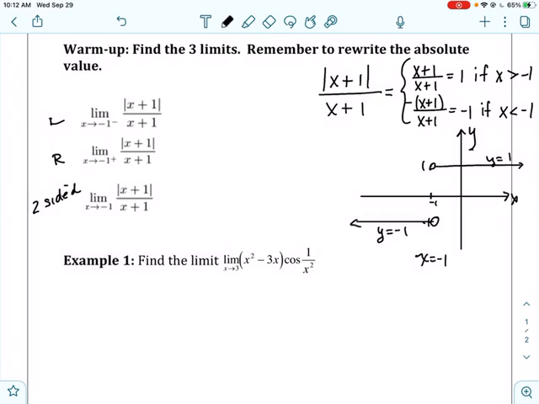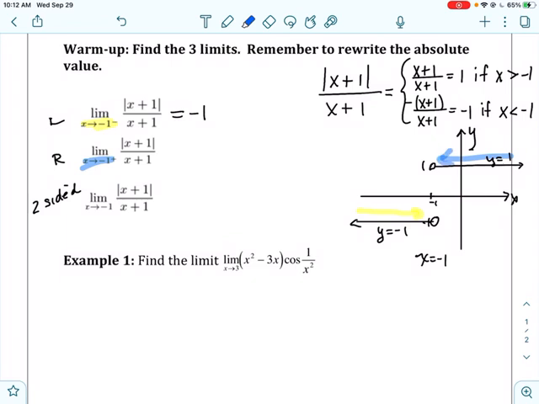We can see that from the left-hand side, our function value is approaching -1. So the answer for the first one is -1.